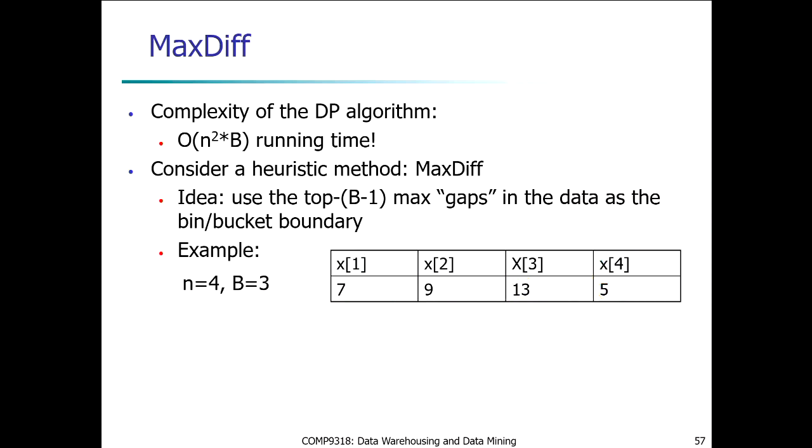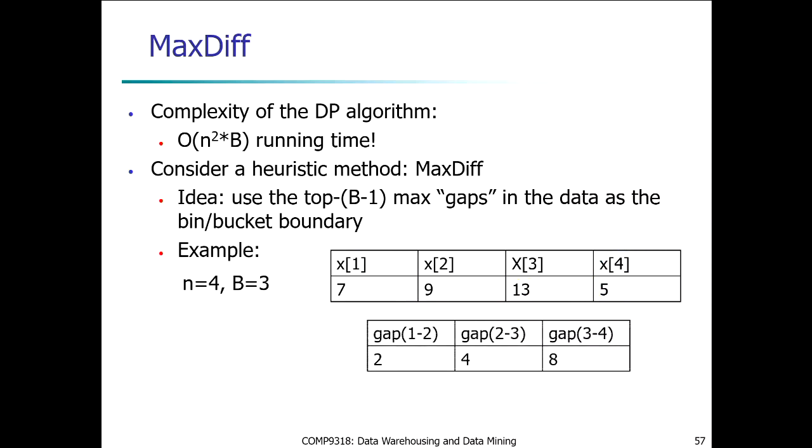So back to this case, algorithm-wise, you calculate gaps between every two consecutive numbers, and you get 2, 4, 8, and then you need to pick b minus 1, b equal to 3, b minus 1 equal to 2. So you try to pick the two largest cuts with respect to the gap value.